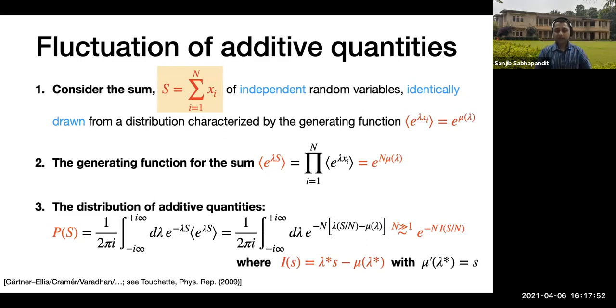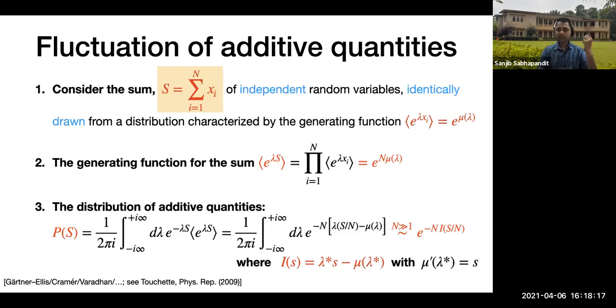So I can either describe this variable by giving its probability density function, or I can equivalently describe it by the generating function of these random variables. Given this generating function, since these are independent random variables, the expectation value of the exponential of lambda s is the generating function of s.